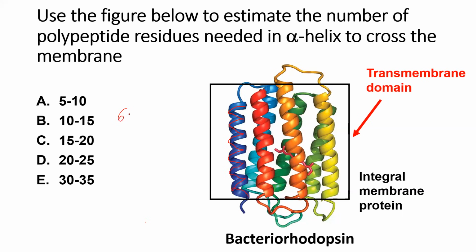So we have 6 loops times 3.6 amino acids per loop. And I get that to be about 21.6, so approximately 22 amino acids. Okay. And so the answer here is D.